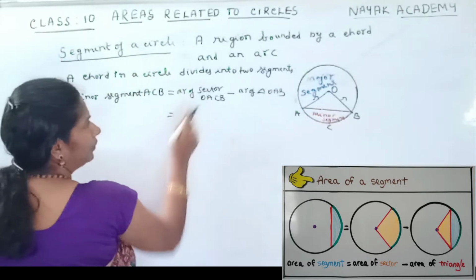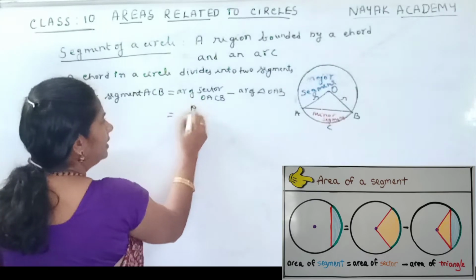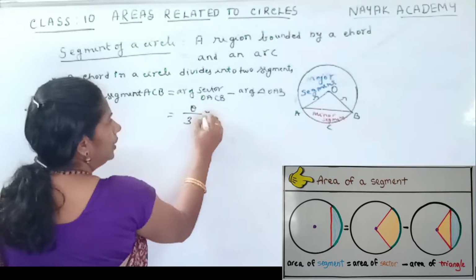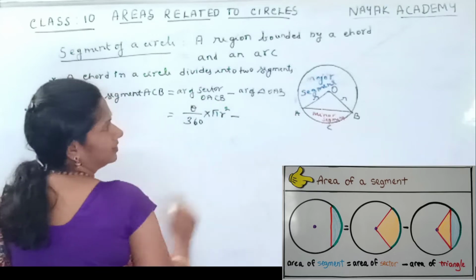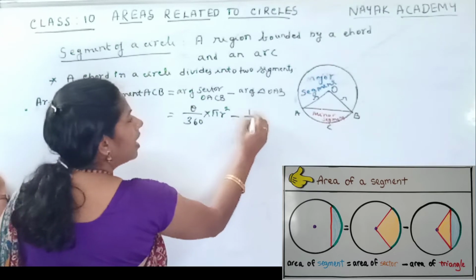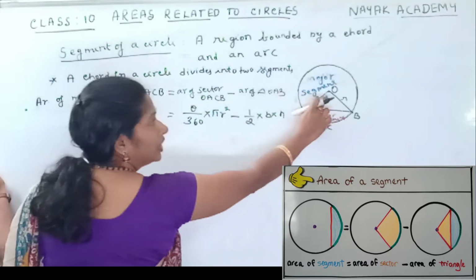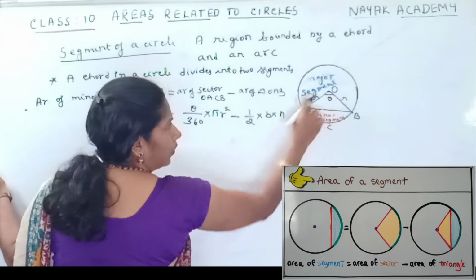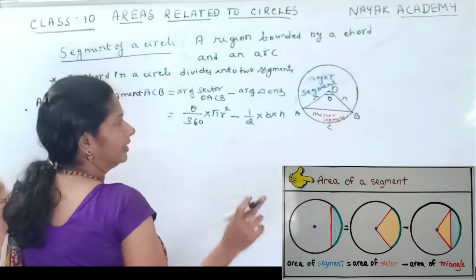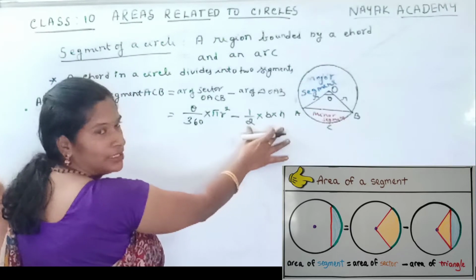What is the formula to find the area of sector, children? That is theta by 360 degree into pi r square minus area of a triangle, that is half into base into height. If OAB is an equilateral triangle, don't apply half into base into height, children.